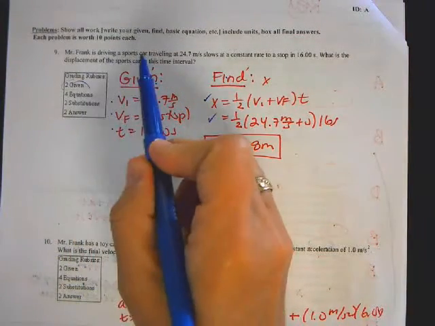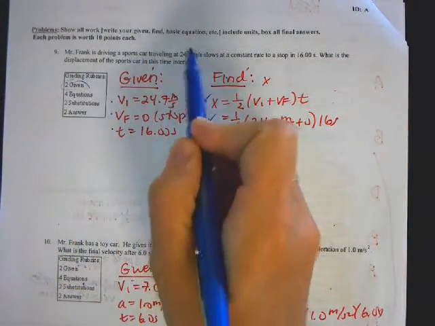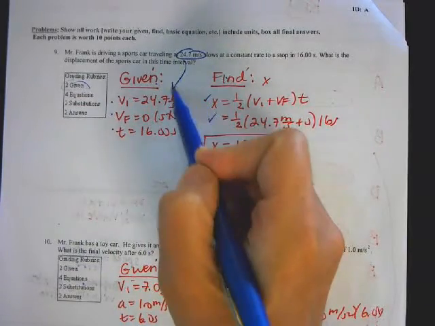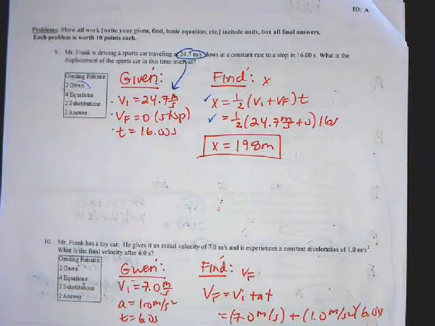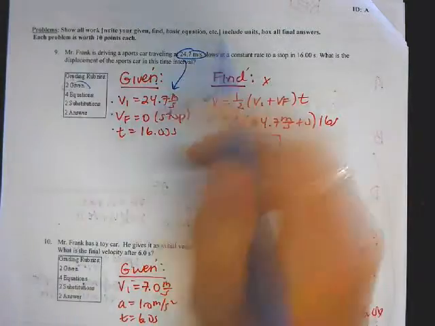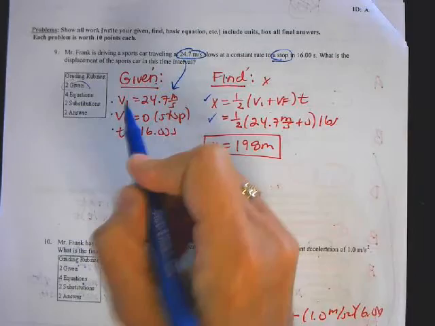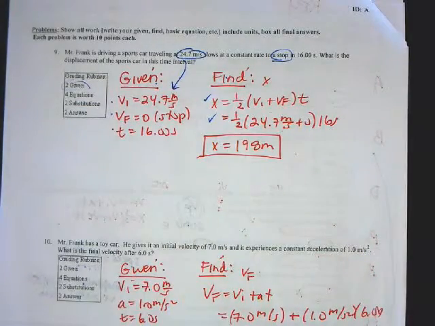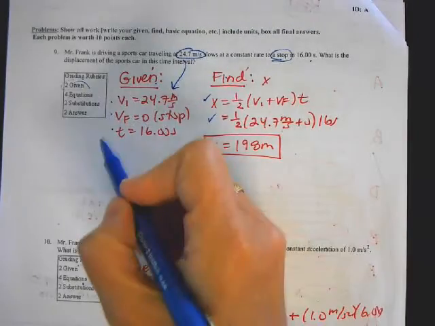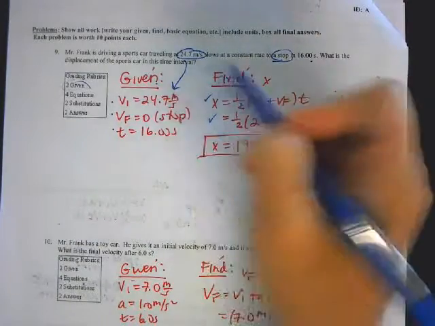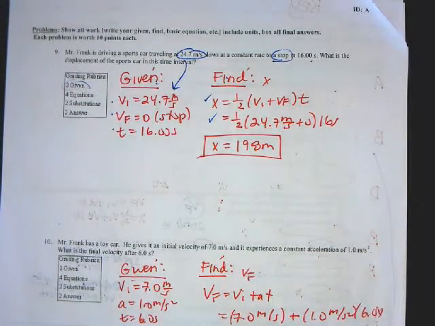So Mr. Frank is driving a sports car at 24 meters per second. That's how I know that's the initial velocity. It slows at a constant rate to a stop. Stop means the final velocity is 0, in 16 seconds. As I read each thing, I write in my given. What is the displacement of the sports car?